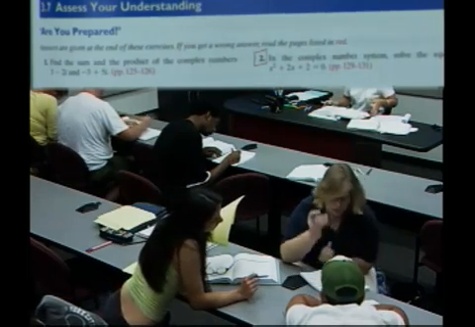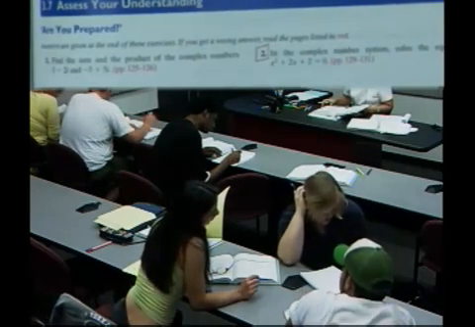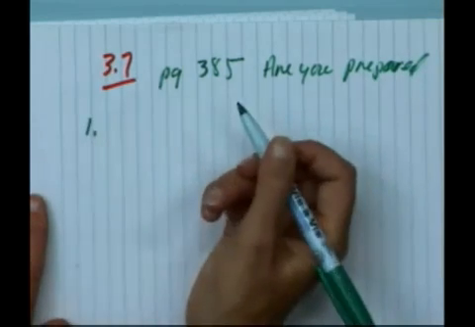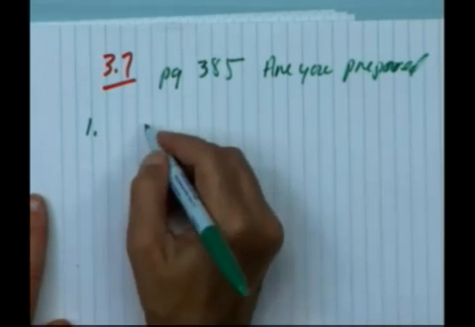Because we only have about 5 minutes left on this tape, we're going to go over the Are You Prepared? We're on page 385. Number 1 is talking about complex numbers.